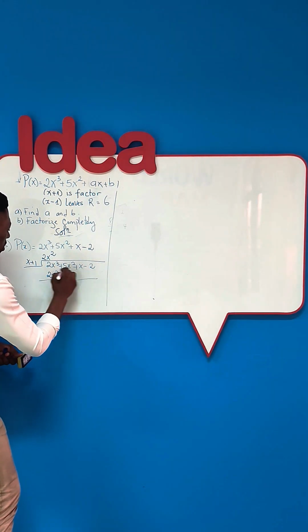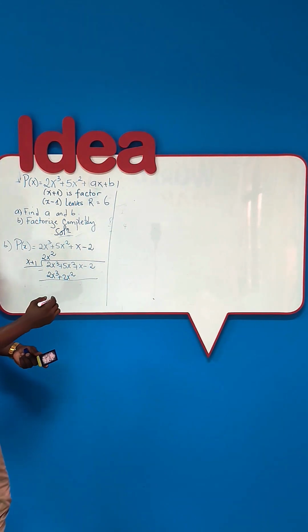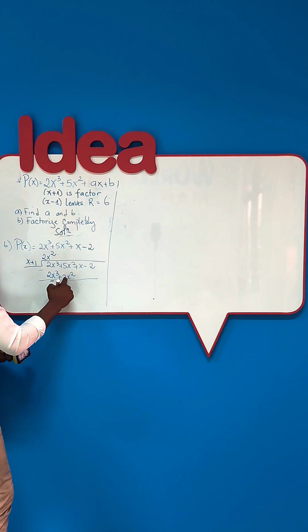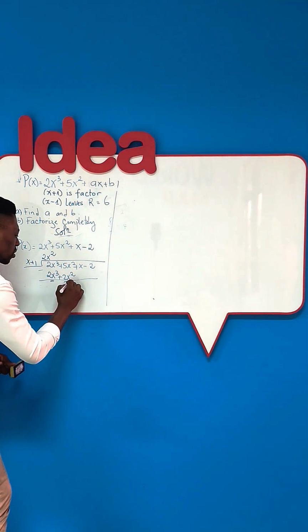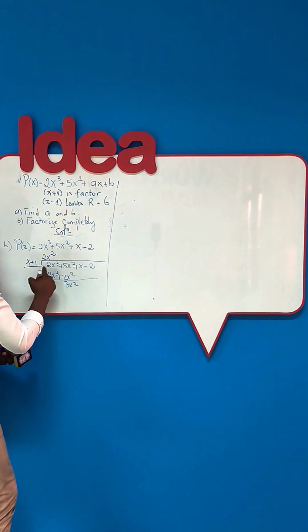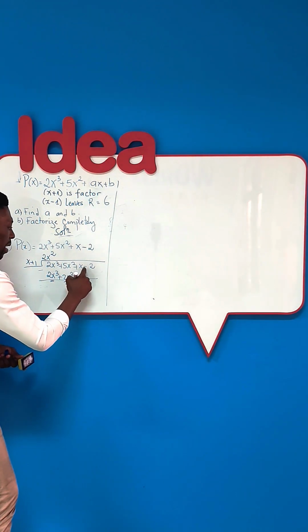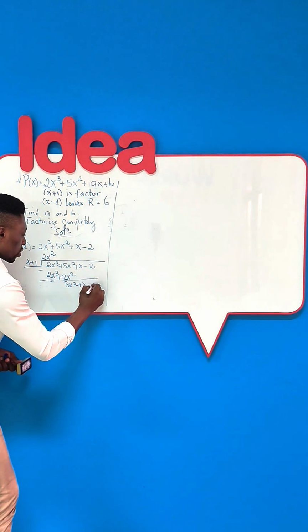And then traditionally we'll carry out a subtraction of this minus what we just had. So 2x cubed minus 2x cubed equals 0, and now we have 5x squared minus 2x squared. This is going to give us 3x squared. Now x minus 0 is just going to be x, and then minus 2 minus 0 remains minus 2.